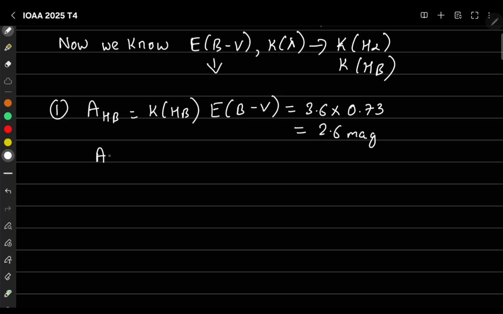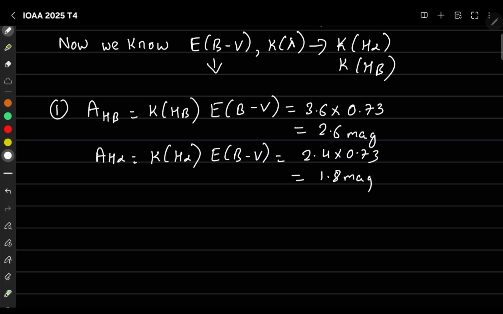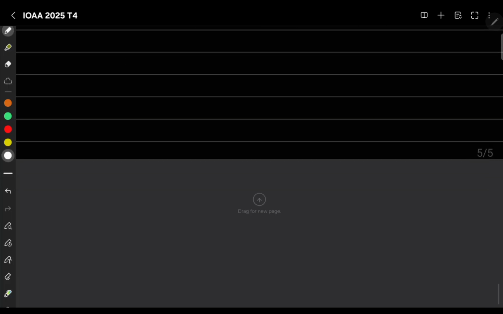And then similarly for A_Hα, I can write K_Hα times E(B minus V), which is 2.4 times 0.73, about 1.8 mag, right?